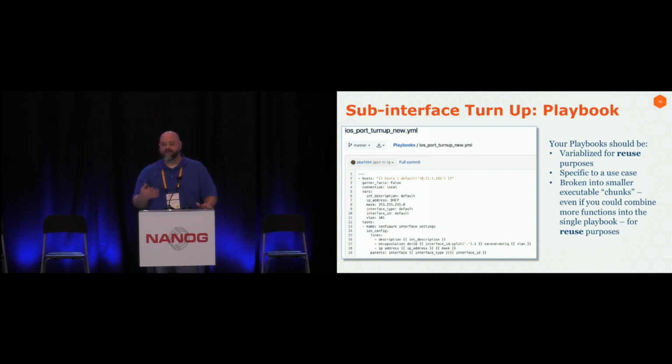You can build variables into your playbooks so that those things are very reusable. Just make sure you don't end up with a million playbooks that you're managing. That defeats the purpose of trying to automate things because you just move the effort into managing your playbooks at that point instead of the effort being in the network. So be careful about that.